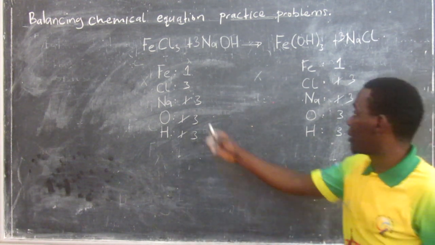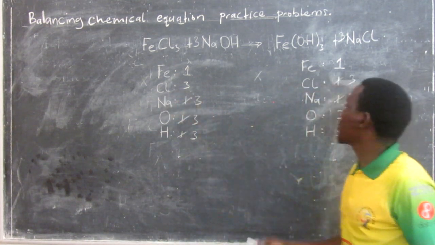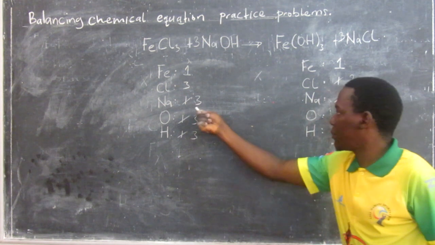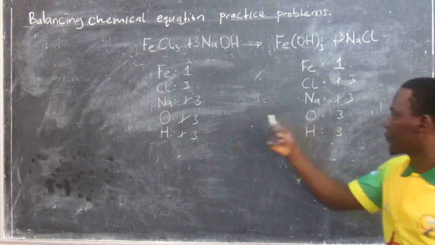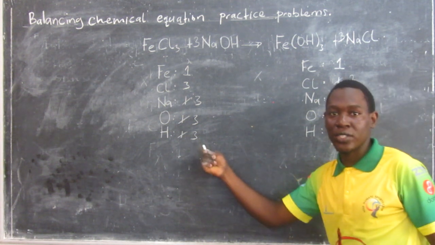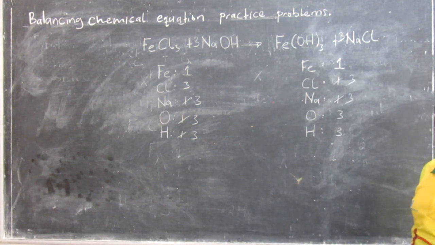Reason being, I will have 1 iron, 3 Cl's, 3 sodium, 3 oxygen, and also 3 hydrogen. Therefore, my equation is balanced. That's how we have balanced this chemical equation.